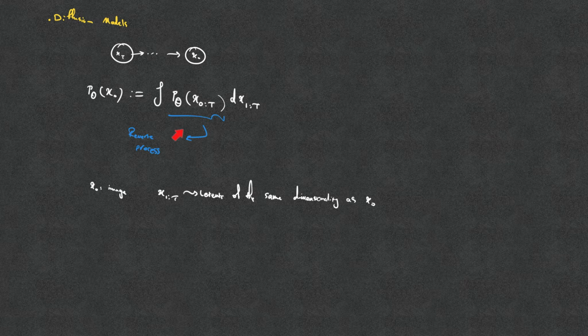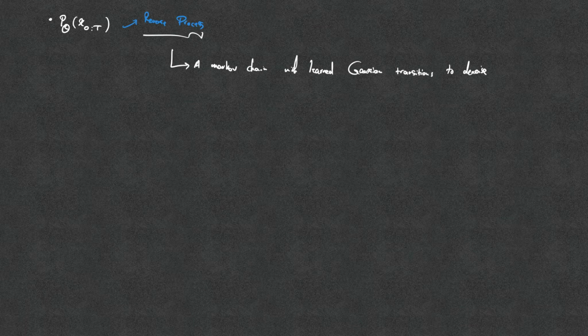This thing over there is called the reverse process, which is the joint probability distribution over x0 all the way until xt. So x0 again is your image, and x1 to xt are all latents of the same dimensionality as x. And you assume that there is a true distribution that images are being sampled from. Thus, you're focusing on the generative modeling of that using diffusion models.